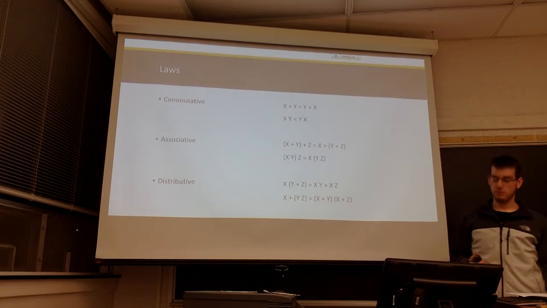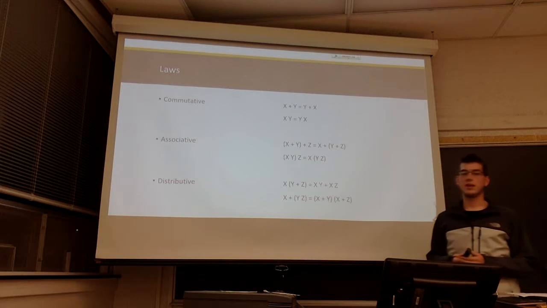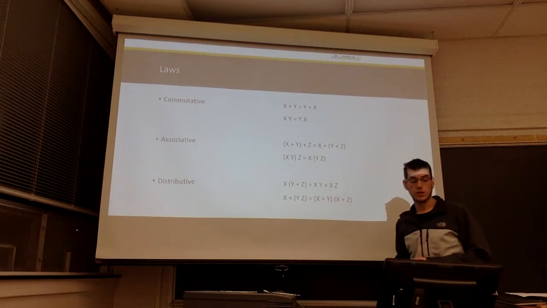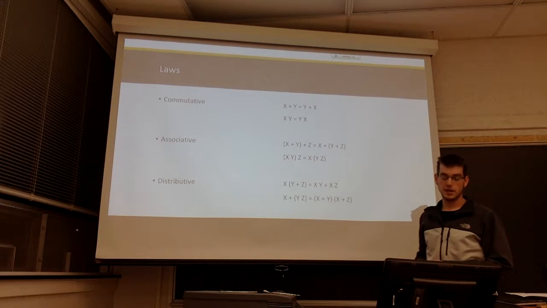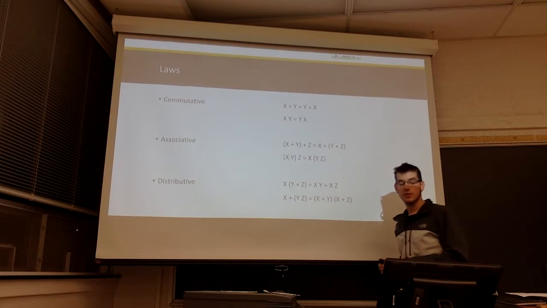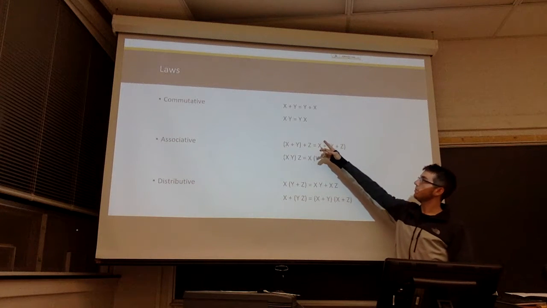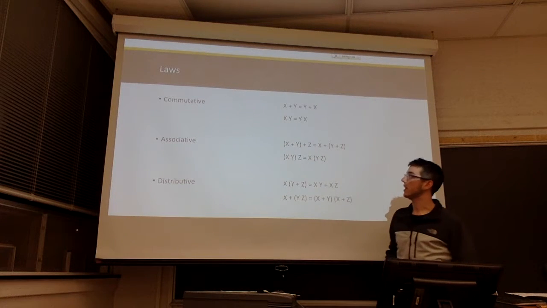There are many laws in Boolean algebra, and many of them are the same as in regular algebra. These 3 are probably the most important. Remember, a plus sign can be an OR, and then no symbol or multiplication means an AND.